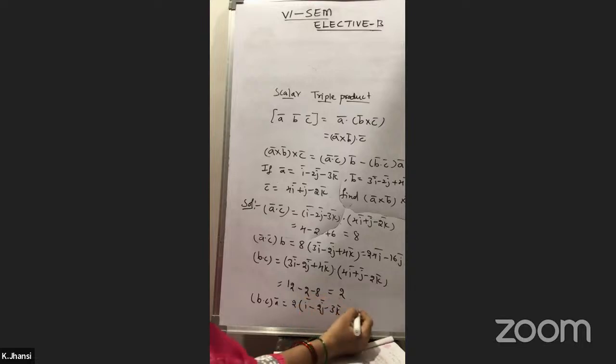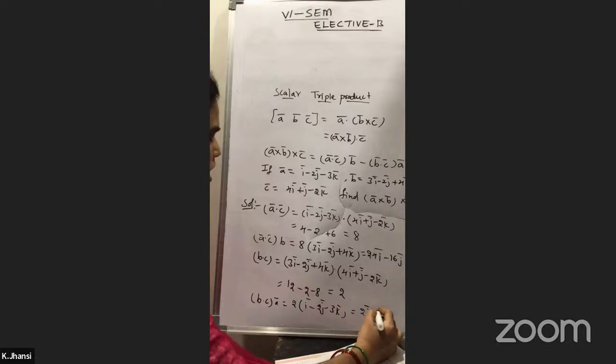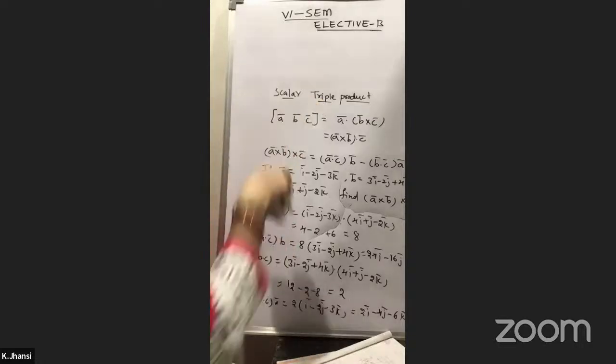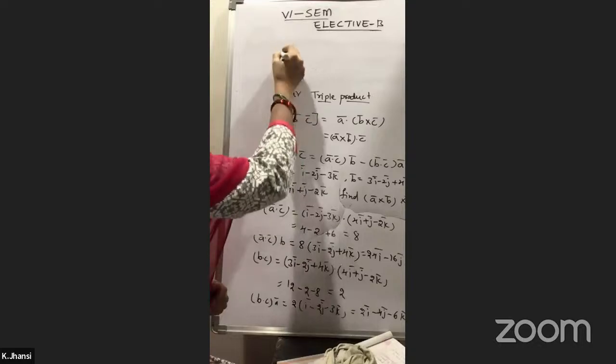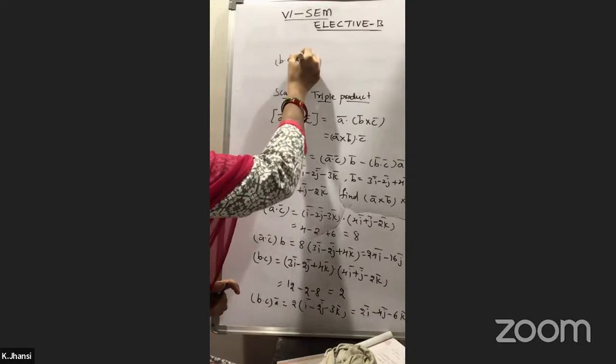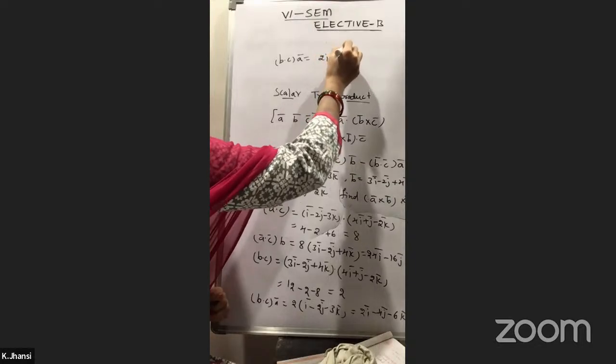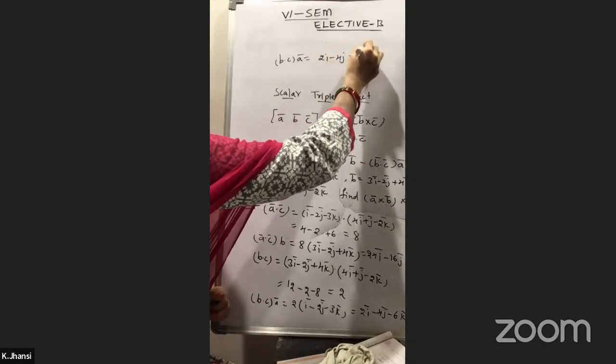If you multiply this, 2i minus 4j minus 3 2s are 6k. So B dot C into A is equal to 2i minus 4j minus 6k.